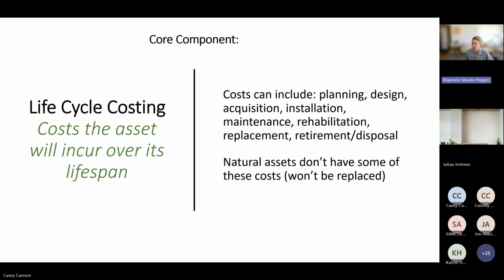You generally don't have to invest very much to purchase them or to install them. And they can also appreciate over time rather than depreciate. So that's like that condition curve that we saw. Green assets can actually really improve over time and increase in their value rather than depreciating over time, the way that gray assets will often do.